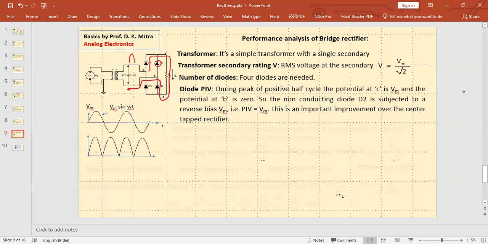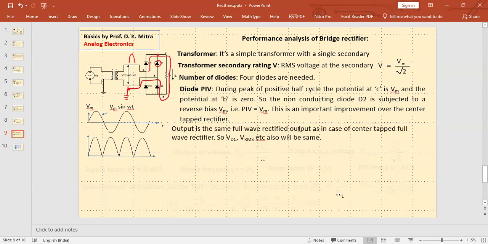Now, what is the maximum voltage here? It is Vm, when the current is passing through here, the maximum voltage is Vm. Then the other end of the diode is at the circuit common. So the diode peak inverse voltage is once again Vm. But for your full-wave rectifier, it was 2 Vm. So the diode could be a little costlier.